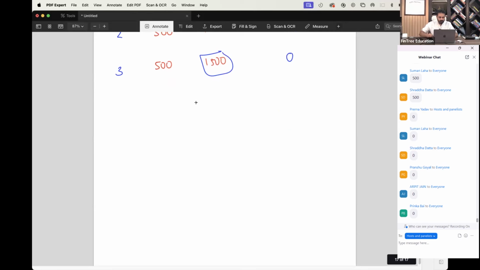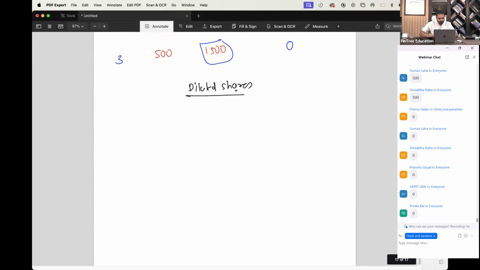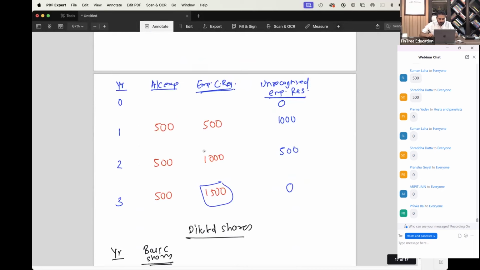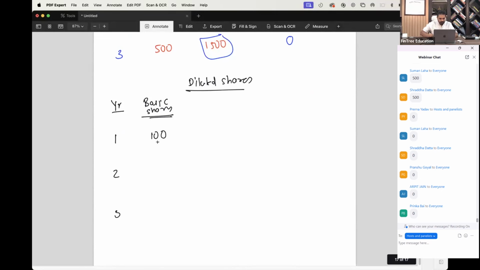Now let's build another schedule for diluted shares. So this is year 1, year 2, year 3. Basic shares means your common shares that you issued. Basic shares are 100, so obviously they remain 100.